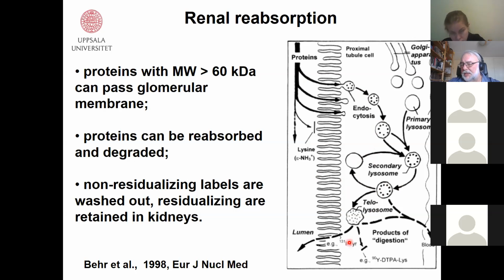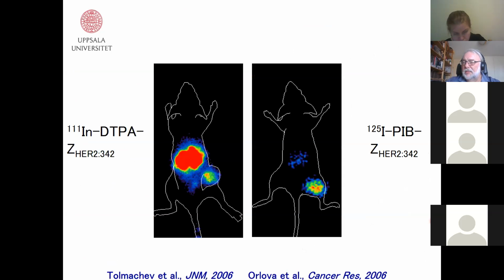Metabolites can come either back to the lumen of the proximal tubule or return to blood. So apparently, a non-residualizing label will leave, and a residualizing label would be retained inside the proximal tubule in the kidney.